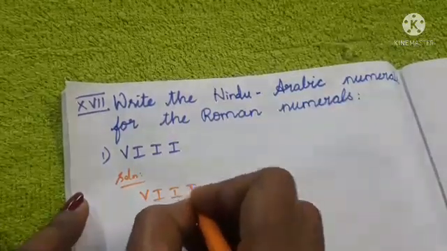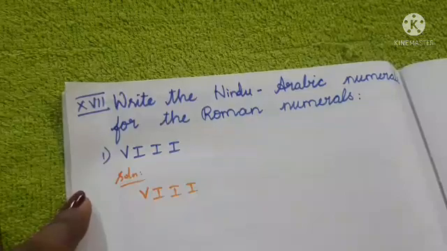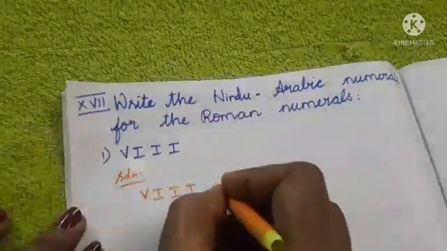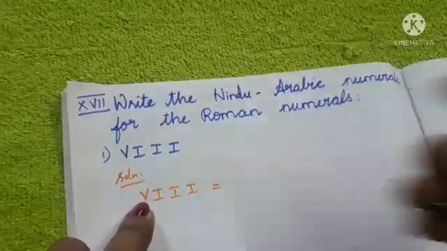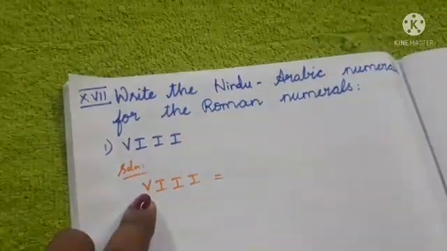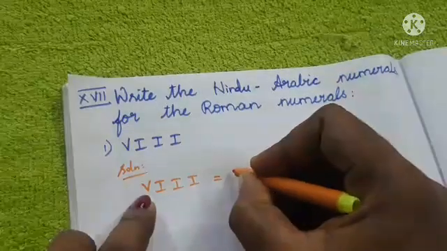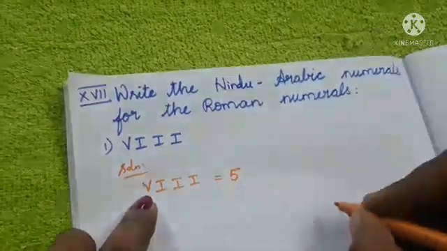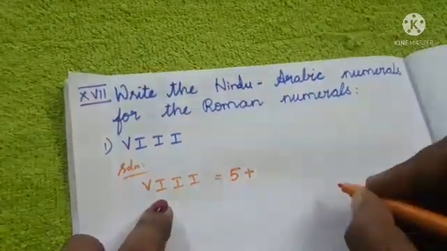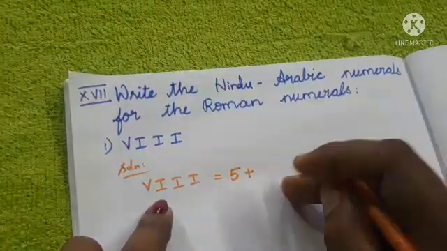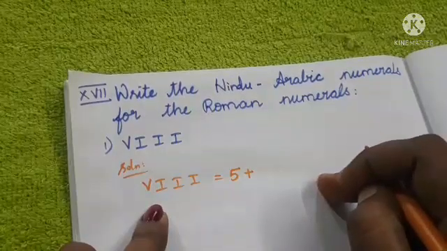We have to repeat the question once again as VIII, that is equal to, listen, what is the Hindu-Arabic value for V? Yes, we know 5 will come, isn't it? Hindu-Arabic value for V is 5. Then we have to write plus. In the Hindu Arabic values you have to write the plus in between, plus or minus.